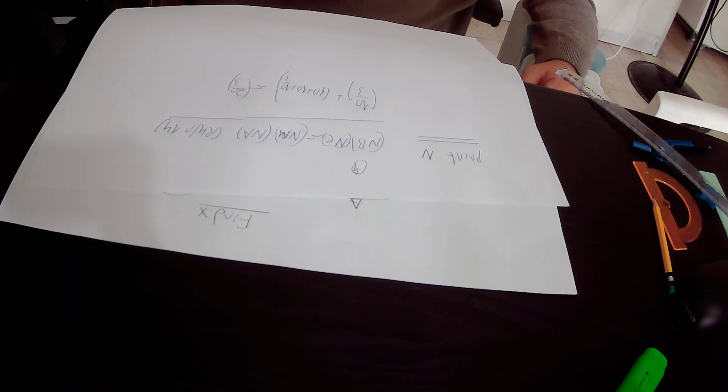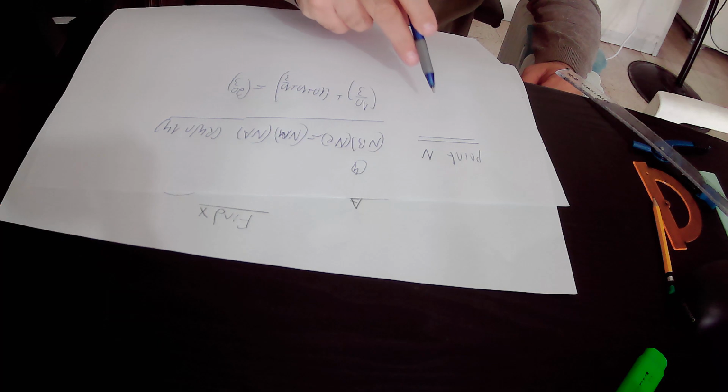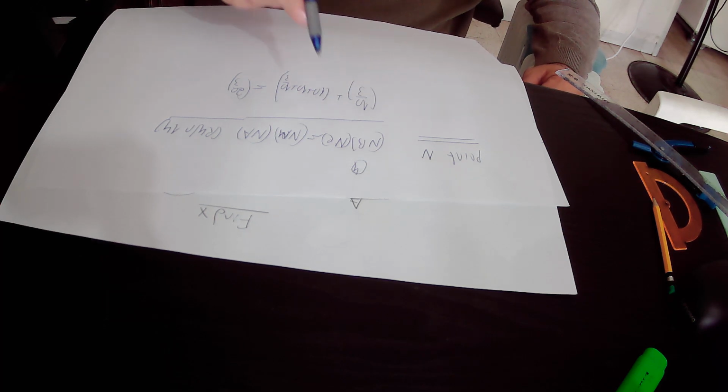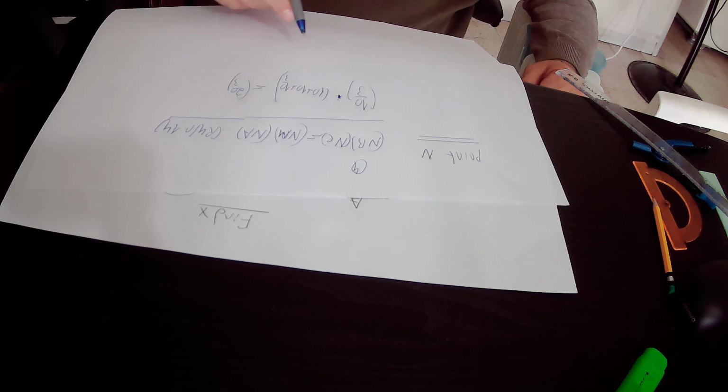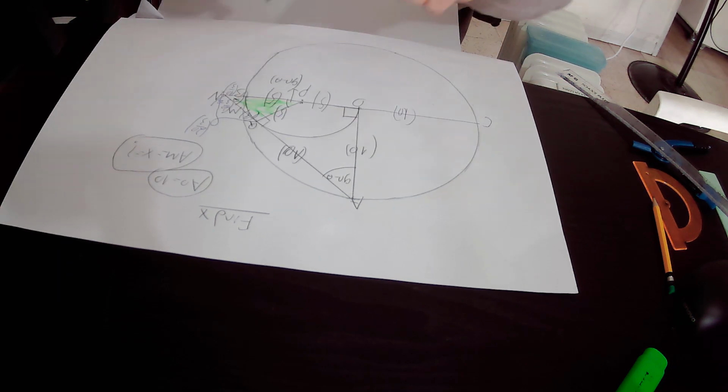Repeat again, according to rule number 14, if you focus on the common external point N, NB times NC equals NM times NA. NB is 10 over 3, NC is 10 plus 10 plus 10 over 3, and it equals NM times NA. What is the length of NM?